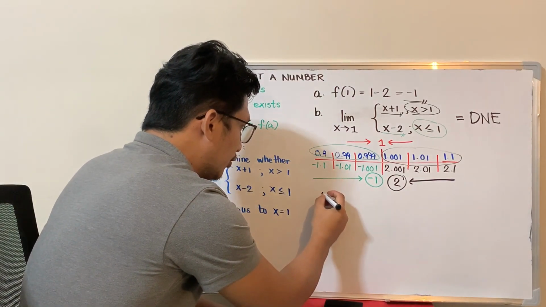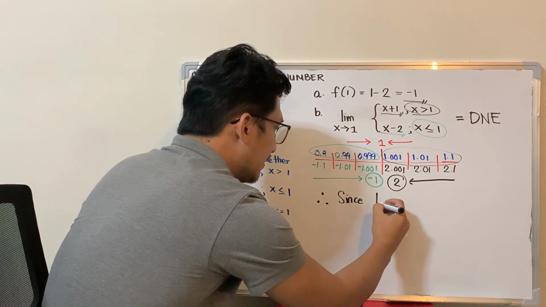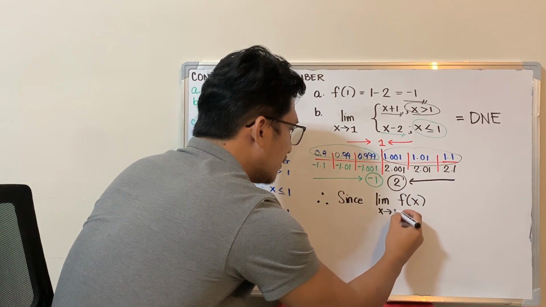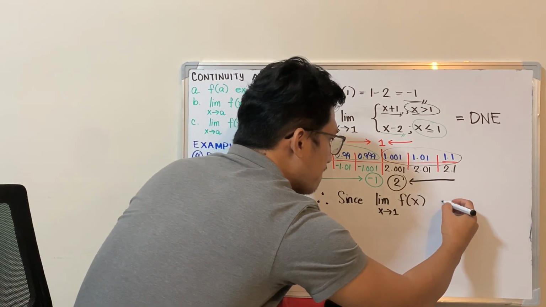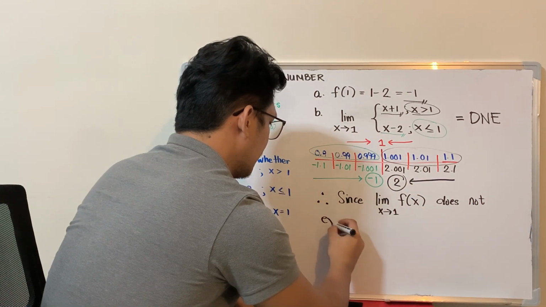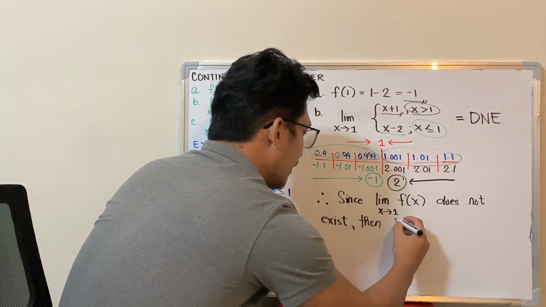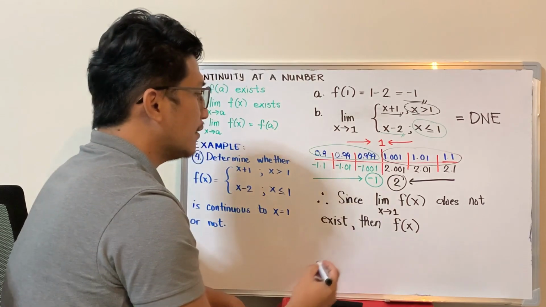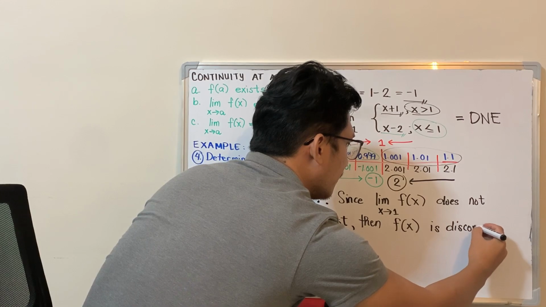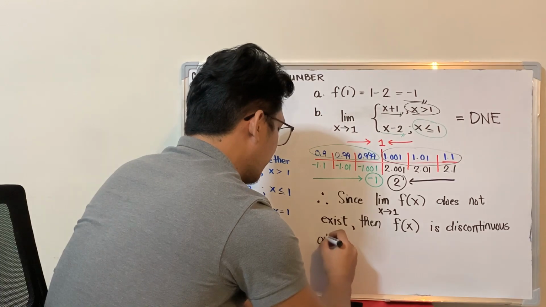In this way, we can now conclude, no? Since the limit of the function f of x as x approaches 1 does not exist, then f of x is discontinuous at x equals 1.